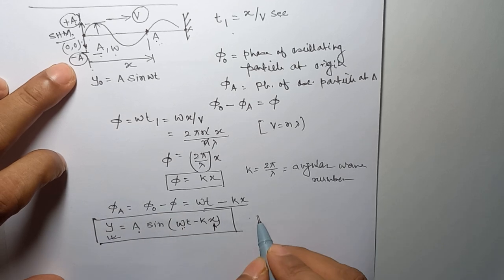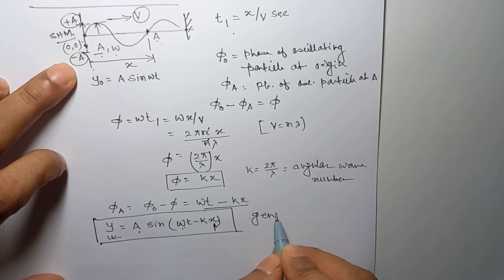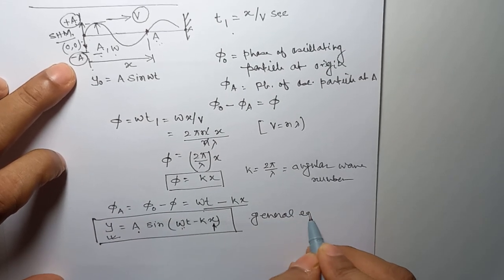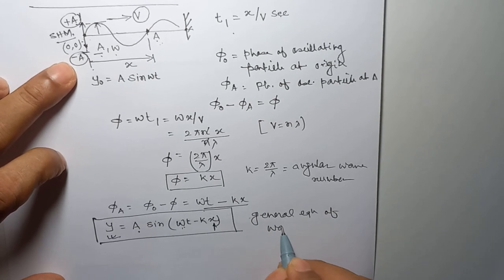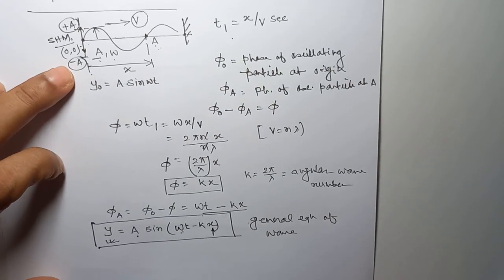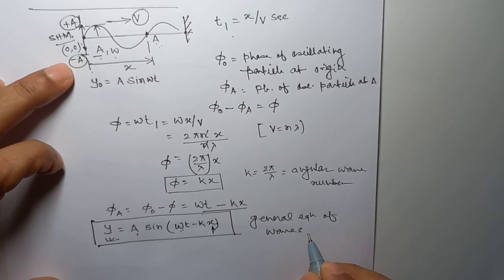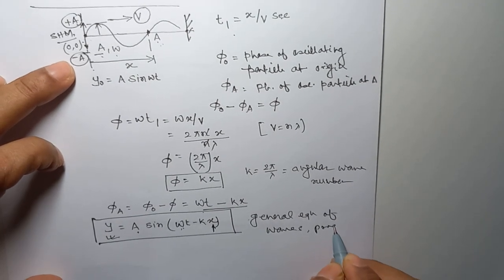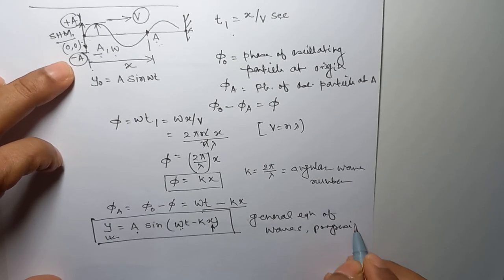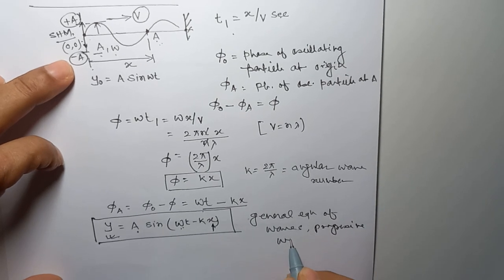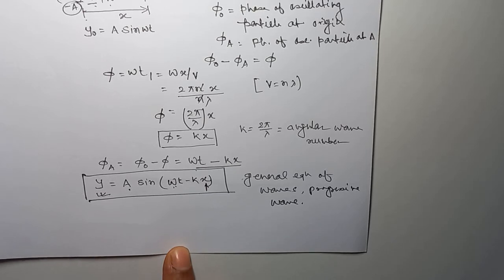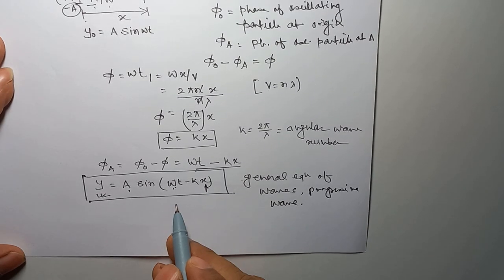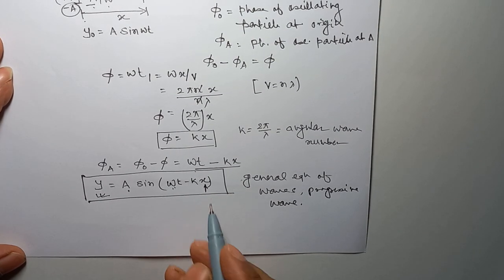So this is the general equation of waves, or we can say a progressive wave. Just observe this equation of progressive waves.